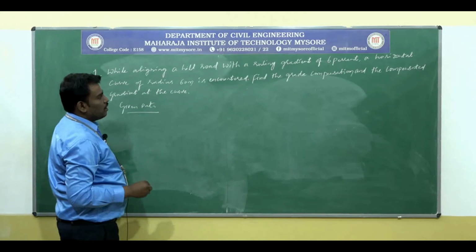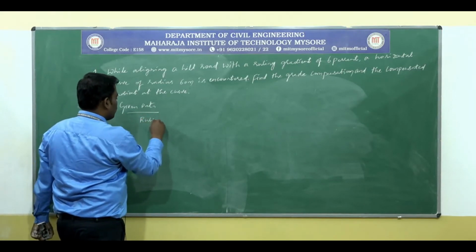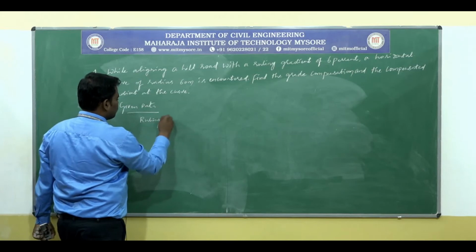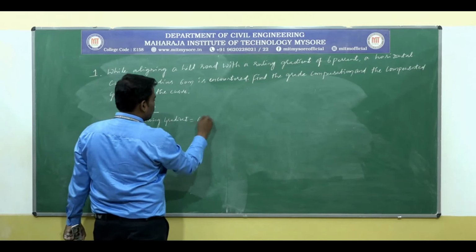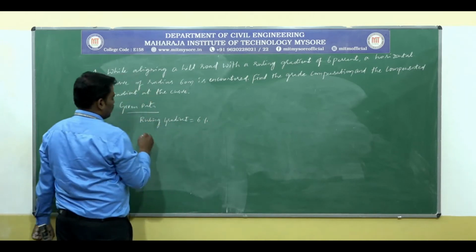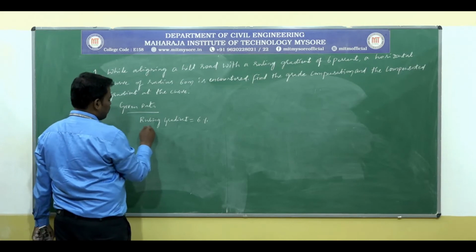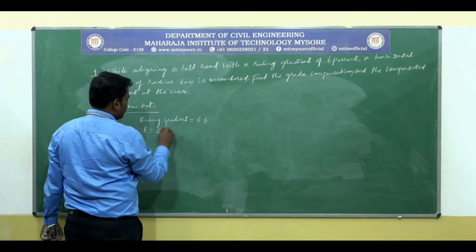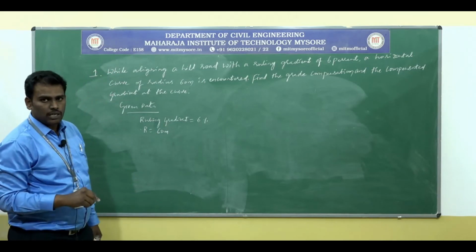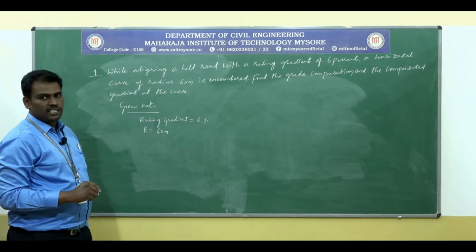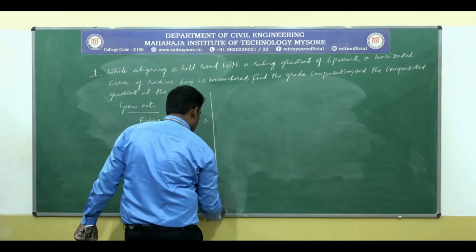They have given the ruling gradient of 6%, and the radius of the horizontal curve, R, is equal to 60 meter.